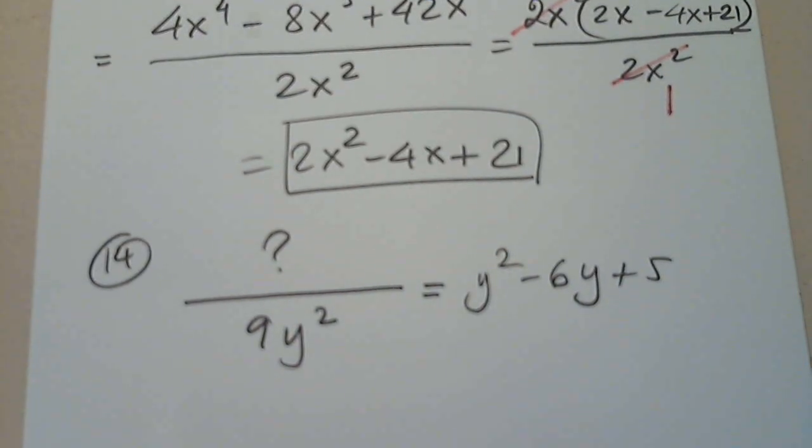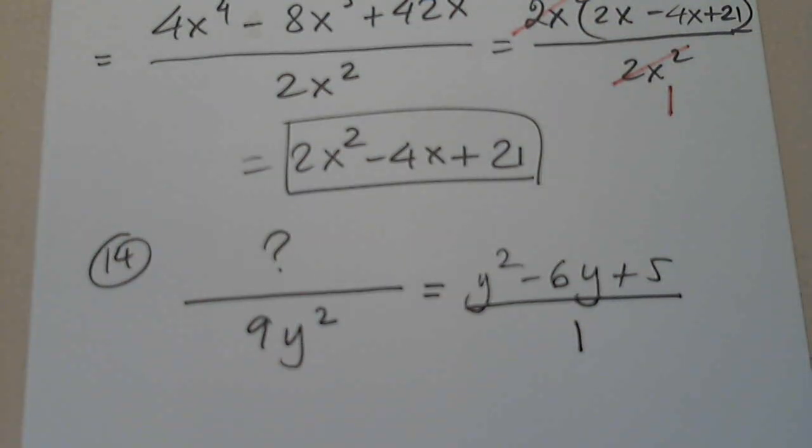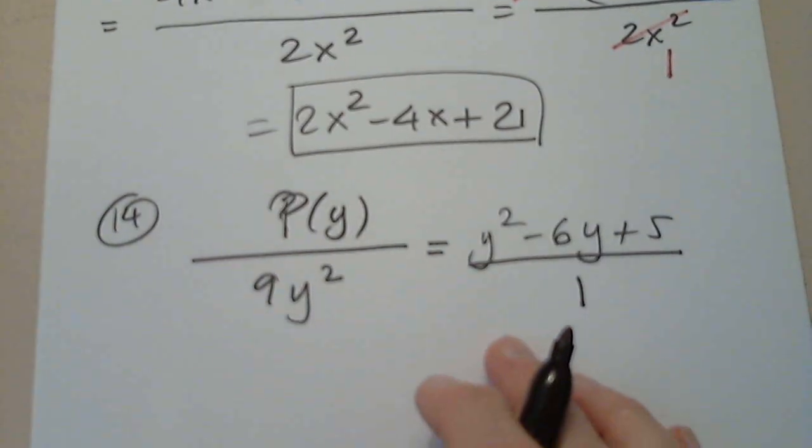This is a trivial question if you remember what we talked about. Exactly. All you have to do is cross multiply. It's a proportion. You can always put everything over 1. So this polynomial, I'm going to call it P of y.